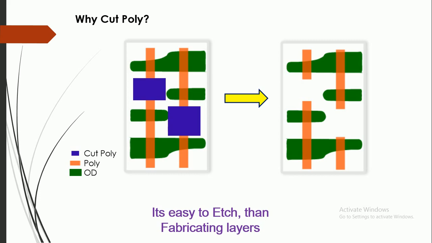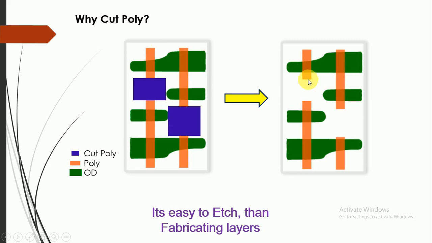So in order to avoid such scenarios in industry while fabricating, they go for techniques like these cut poly layer techniques, where if I want to fabricate two different layers, they just place cut poly layers in between two polys, and they say even though these two are not physically separated, after fabrication they will be separated.